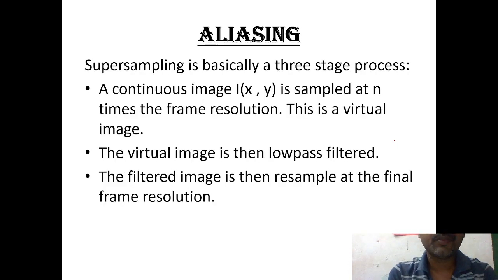Next, super sampling is basically a three-stage process. Whenever we apply super sampling, it is based upon different stages. Mainly, we can define three stages. First, a continuous image, that is I of x comma y, is sampled at n times the frame resolution. This is a virtual image.